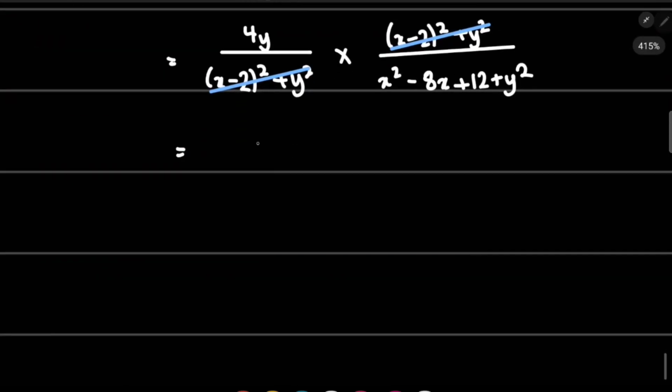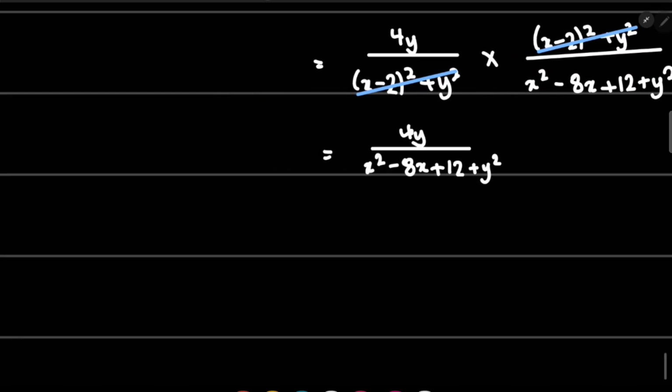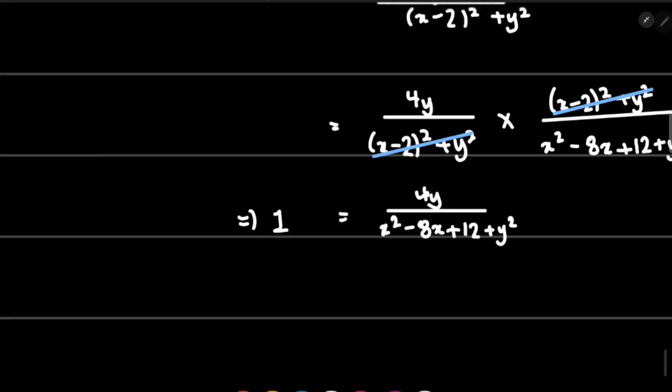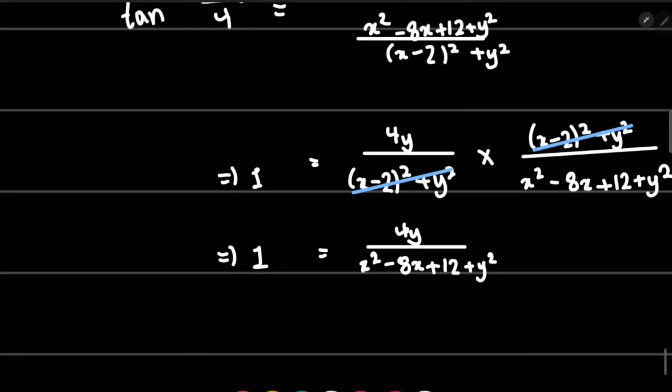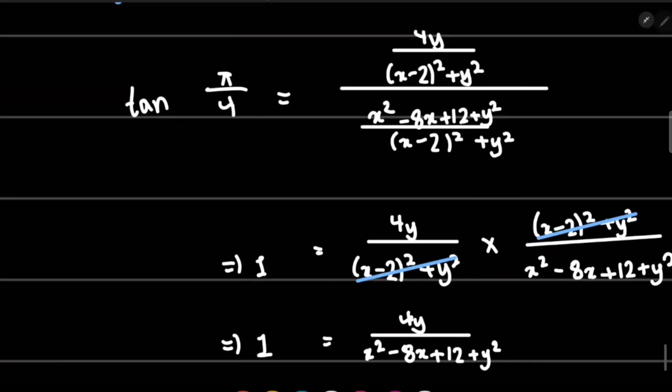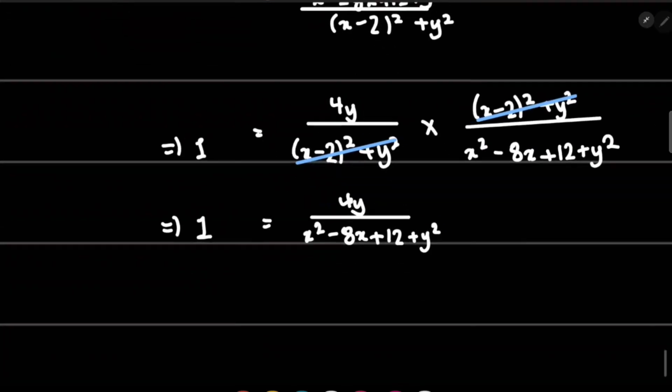And finally we get 4y divided by x square minus 8x plus 12 plus y square. And we know that this is equal to tan pi by 4, and that's equal to 1. We know the value of this, it's 1. And we are doing it in radians, keep in mind.